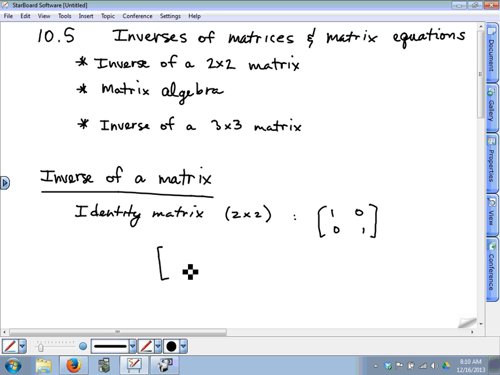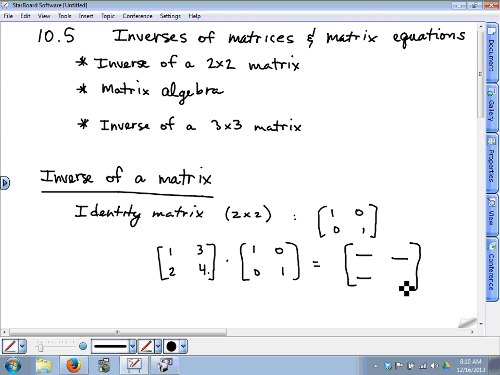For example, if we had 1, 2, 3, 4, and I asked you to multiply that with the identity matrix, let's go through the process real quick.